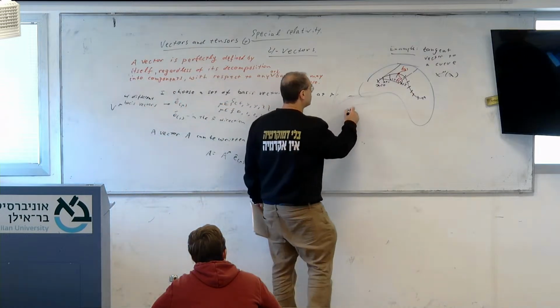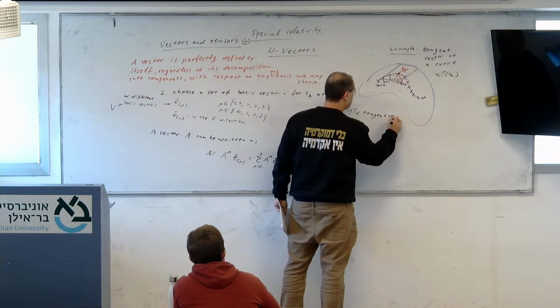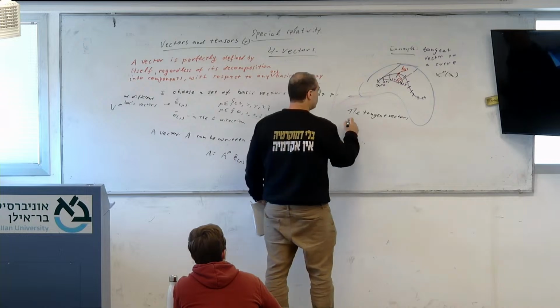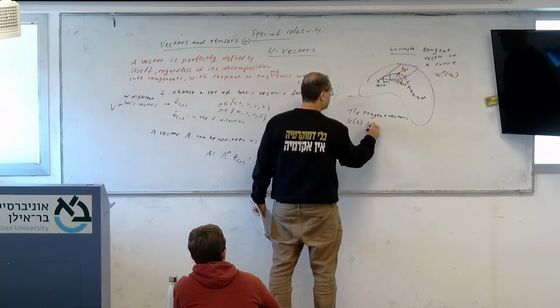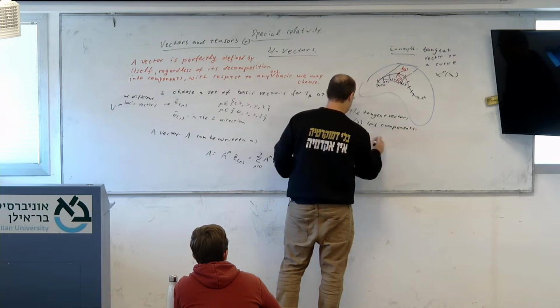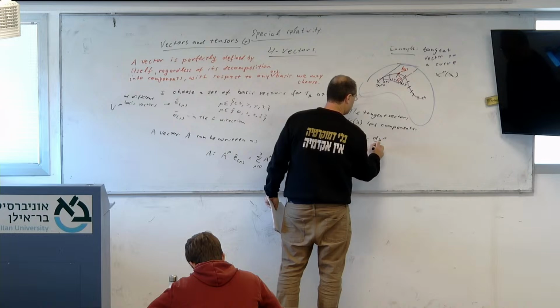So the tangent vector v of lambda has components v mu equal to dx mu over d lambda.